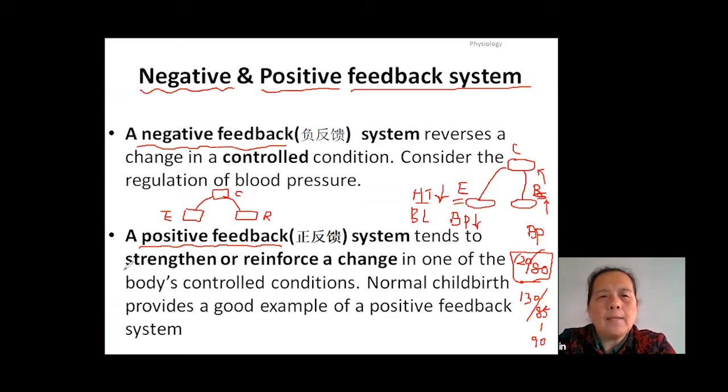Basically, they make everything stronger and stronger. It's not that common, and it usually doesn't happen in longer-term body functions. It's just temporary, in some special conditions, a typical case being baby delivery.